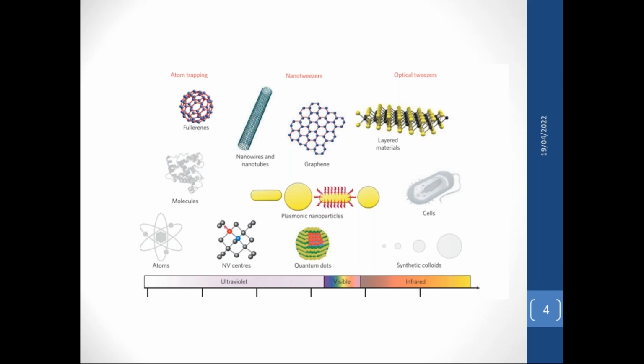What we are showing here is that the size of the particles and the wavelength of the laser that we are using for trapping the target molecule or particle is dependent on the nanoparticles that we are using.